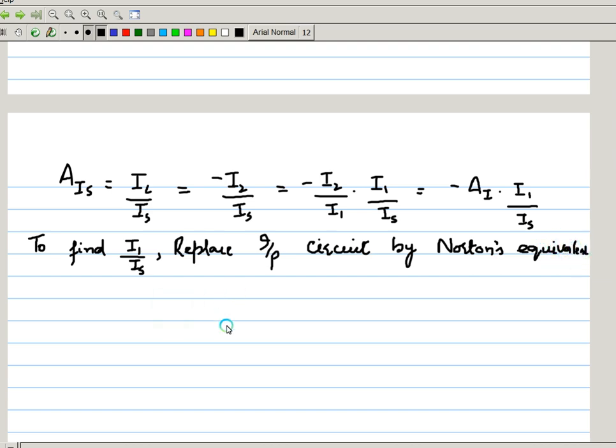Now Norton's equivalent says that you can take it as a current source, and all of the resistances come in shunt with the current source. So the input current which you have is Is, and the resistance Rs comes in shunt with Zi. Zi is the input impedance. The current which is flowing here is I1.